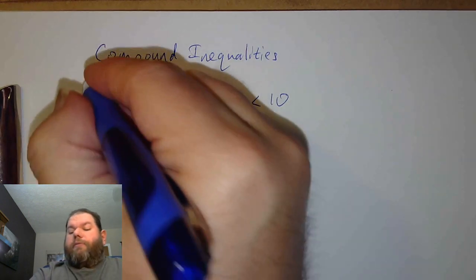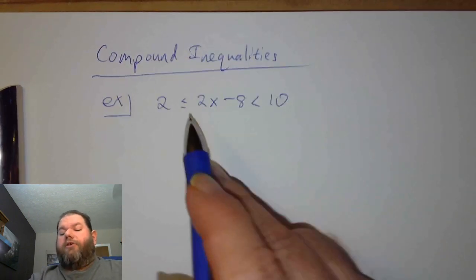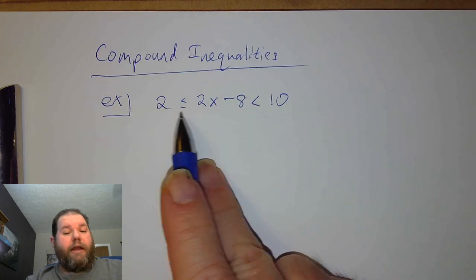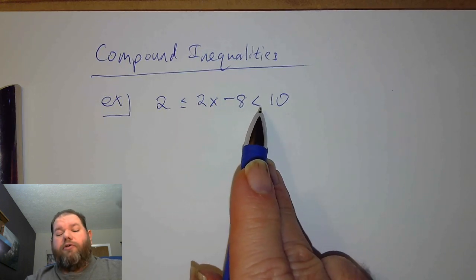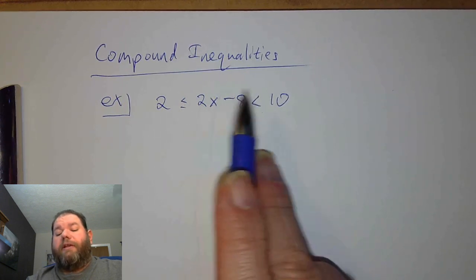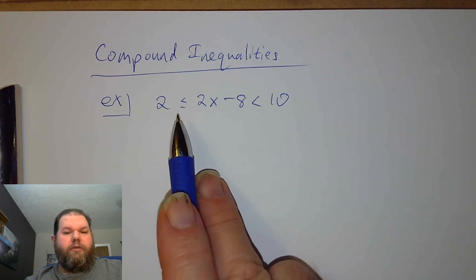So this is what we mean by a compound inequality. We actually have two different inequality signs here, and they don't have to be the same. Although, in this case, for the compound inequality, they'll always be less than, although they may also be equal to.